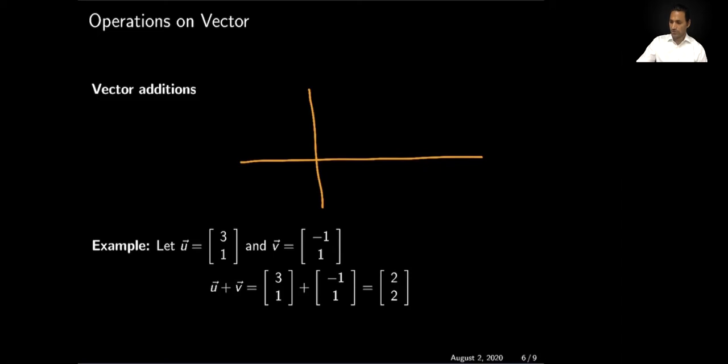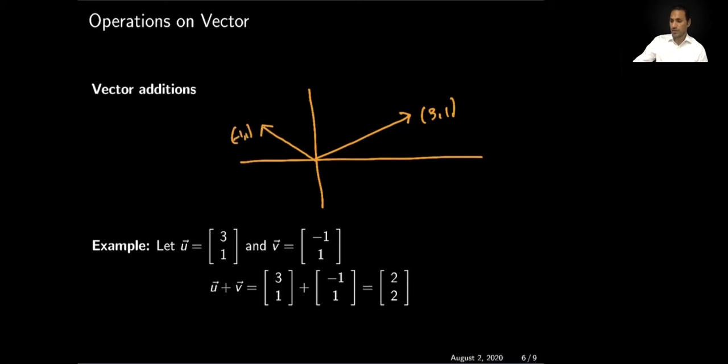So like if I draw this vector 3 comma 1, so this is my 3 comma 1 vector. It's 3 units and 1 unit above. So the head is at 3 comma 1. Negative 1 for x, 1 for y is somewhere here. So this vector is negative 1 comma 1.